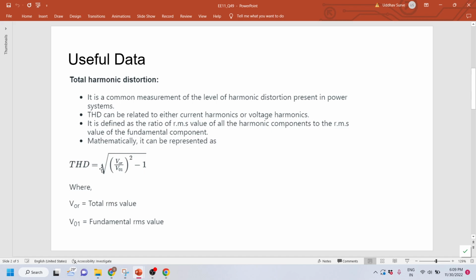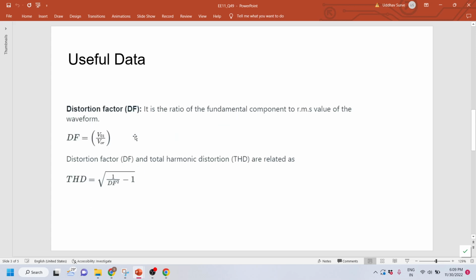Okay, based on these two formulas which I told, in different books there can be different notations. The definition which I have followed is one such definition, but you can remember as any book which you refer, but this is what I follow. Okay, so THD and distortion factor are related like this, and these are their definitions.